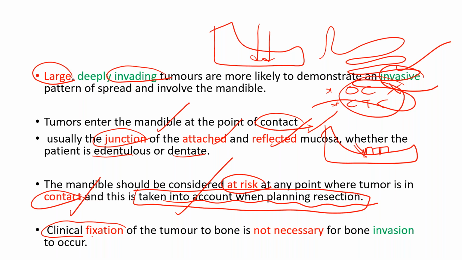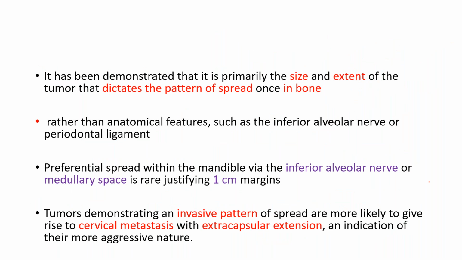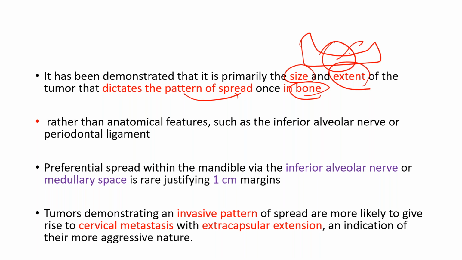Clinical fixation, as I told you last time, is not necessary for bone invasion. It is the size and extent of the tumor which dictates the pattern of spread in the bone.